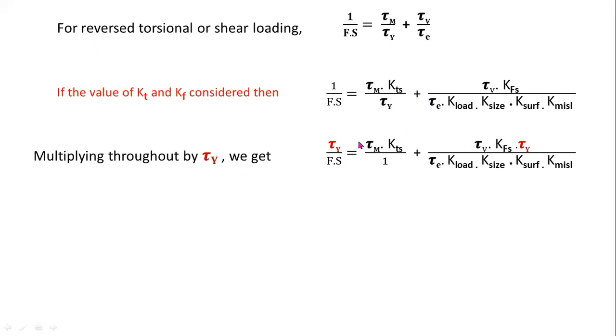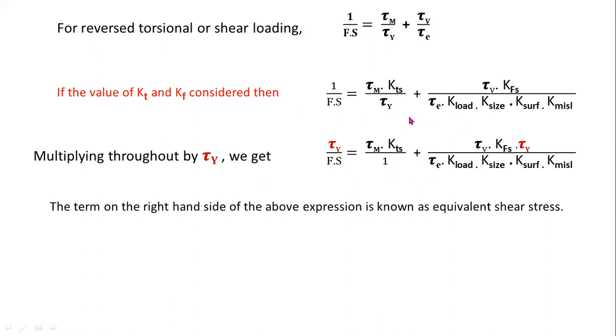tau y by Fs equals tau m into KTS plus tau v into KFS, tau y divided by tau e, into K load, K size, K surface, K miscellaneous. Now this right side expression is known as the equivalent shear stress.